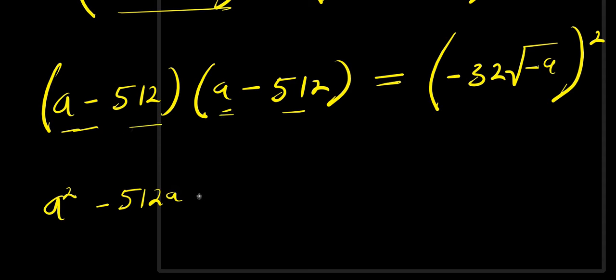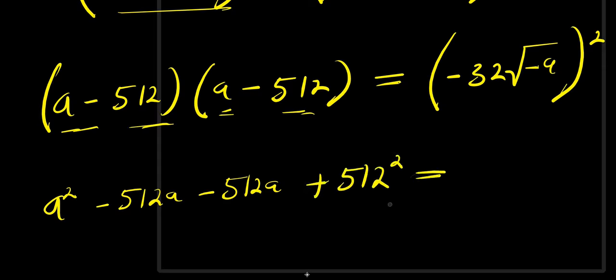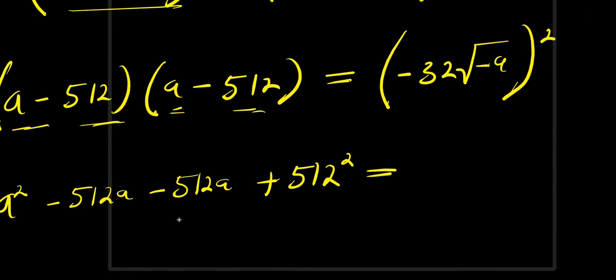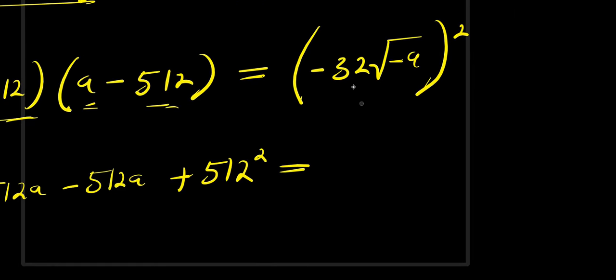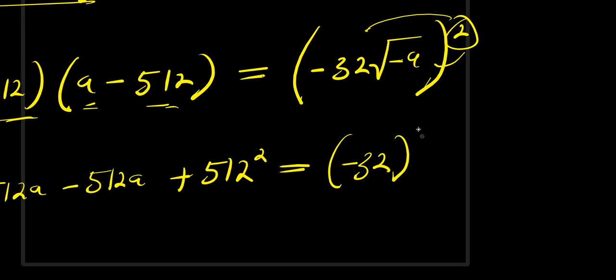This times a, we have negative 512a. This times this, we have plus 512 to the power 2 equals, here we simply distribute this to each of the terms here. We have negative 32 to the power of 2 times square root of negative a to the power of 2.